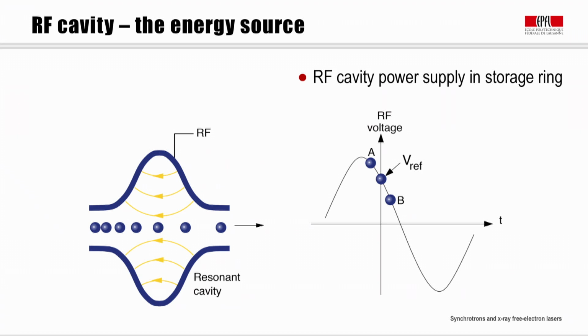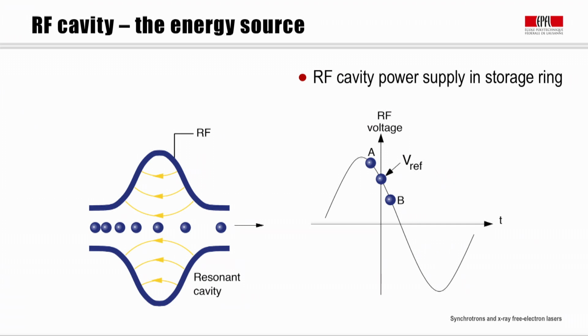Therefore, an electron entering the cavity when the field points maximally in the upstream direction will be maximally accelerated, as shown schematically in the figure on the left. Now let's consider two electrons, one of which, A, has a little less energy than the other, B, due perhaps to the fact that it has emitted a couple more photons in the last circuit around the storage ring.